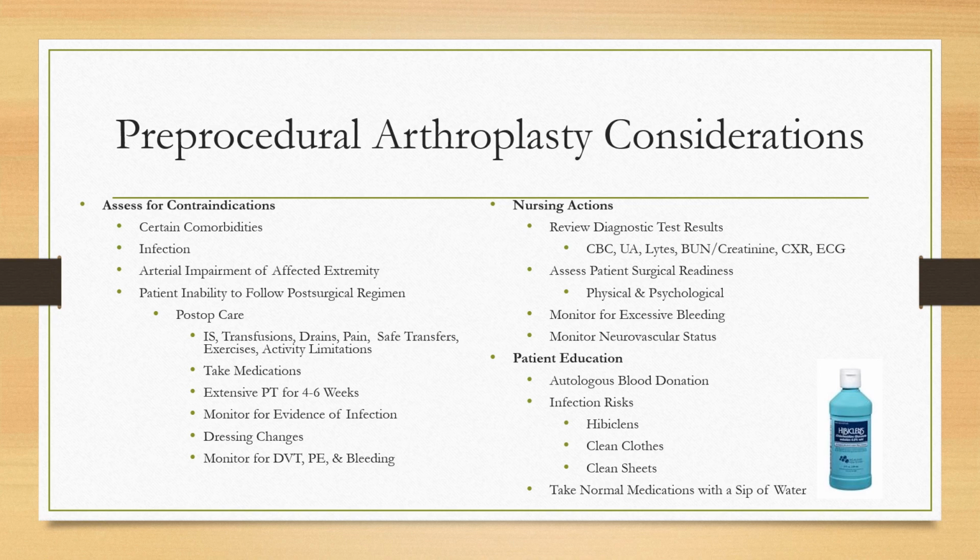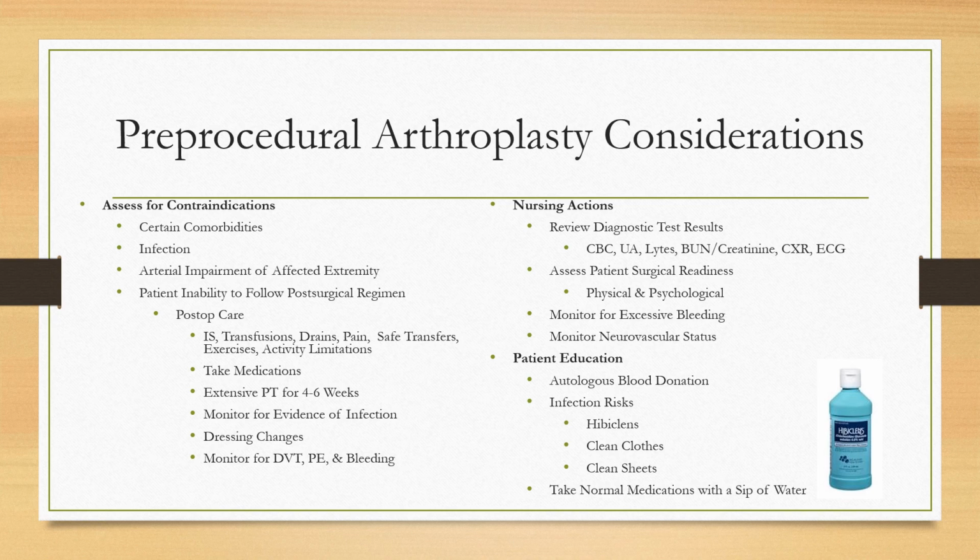Regular dressing changes is of course important, and monitoring for a DVT, so a red, swollen, painful leg, typically on the side where the surgery has been done, but not necessarily. It could be on the other leg where it has become red, swollen, and tender. Monitoring for symptoms of a PE, where a piece of the clot has broken off of the DVT and traveled to the lungs.